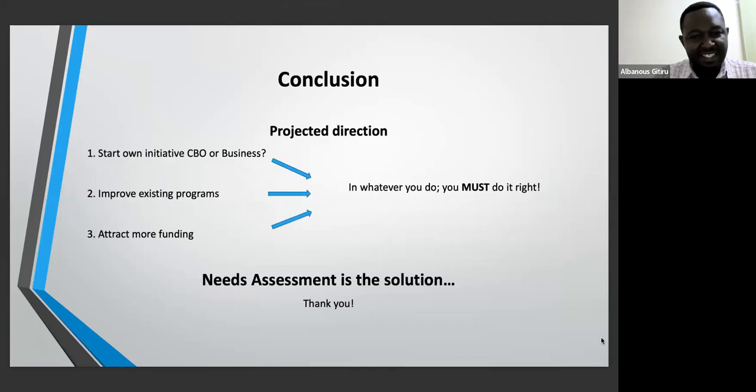Finally, this is the path that we are taking. This is the projected direction. We are either starting our own initiative, that is CBOs or businesses, or improving existing programs and projects, or trying to attract more funding and finding more resources for the organization.